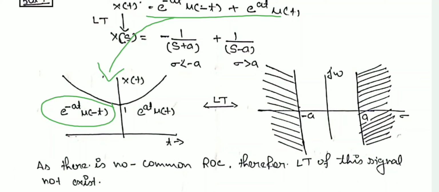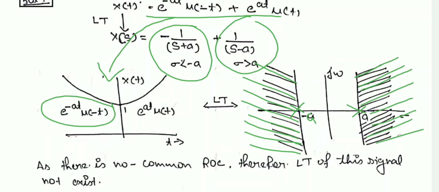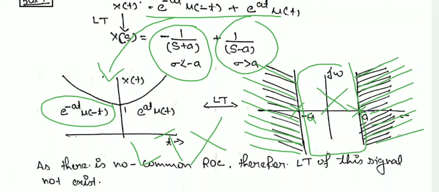When we plot it for the first signal, sigma should be less than minus a, as it is left-sided, with the pole at minus a and the ROC on the left side. And for this signal, sigma must be greater than a, with the pole at this position, and sigma is also greater than 0. As there is no common ROC, the Laplace transform does not exist for this type of signal.